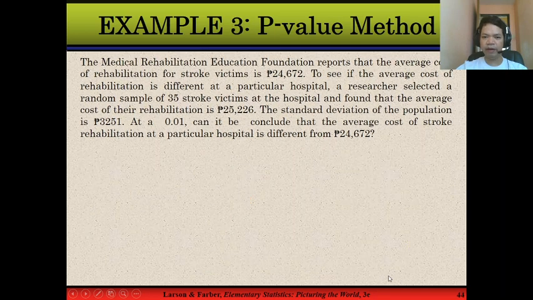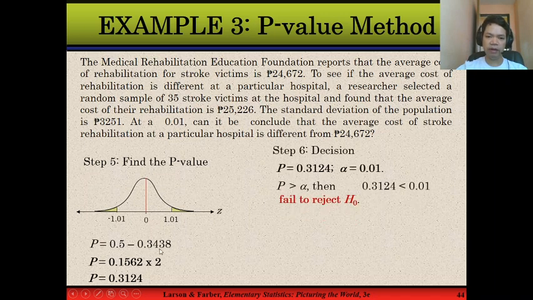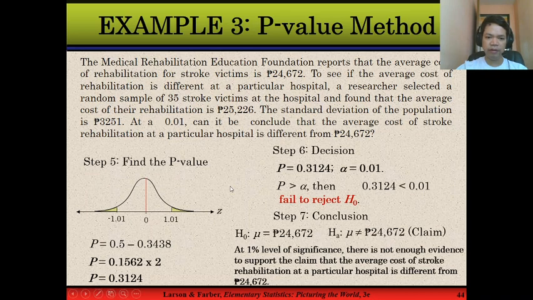So, nasan yung area na yan? Okay, dahil two-tailed test, ito pinakita ko yung two-tailed, negative z-score, positive z-score. So, yung area natin na 0.3438 ay etong area lang na yon, di ba? Ito lang yon, kung kalahati lang dito. So, ima-minus ko siya sa 0.5 para makuha ko yung isang tail dito.